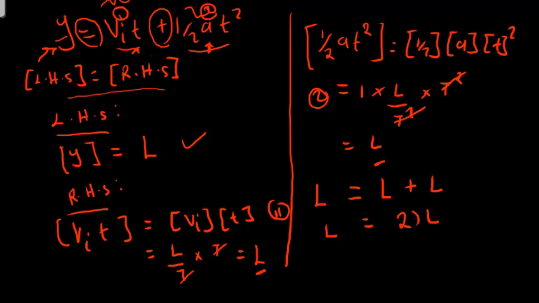Now because the half is a pure number, the dimensions are just equal to 1. Therefore, the dimensions on the left-hand side are equal to the dimensions on the right-hand side. This simply means this equation is dimensionally correct or homogeneous. So we have proved, using principles of dimensions and following those simple rules that we have highlighted.